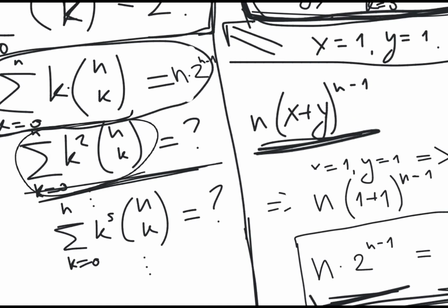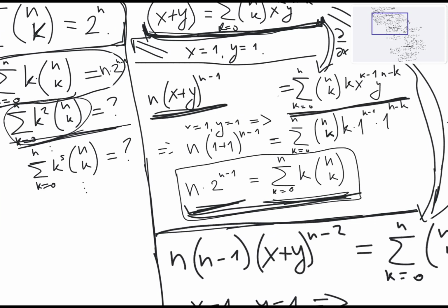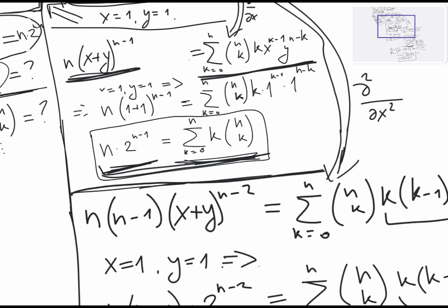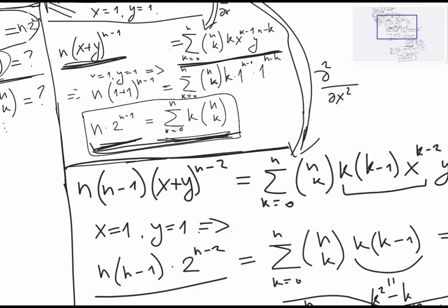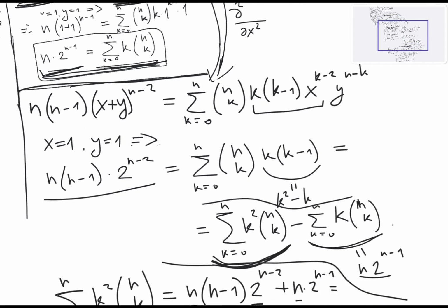Similarly, we can calculate this for an arbitrary power k to the power s. I don't have the explicit formula, and I don't know if it's a simple formula that we can deduce, but it's a recurrence relationship at least.